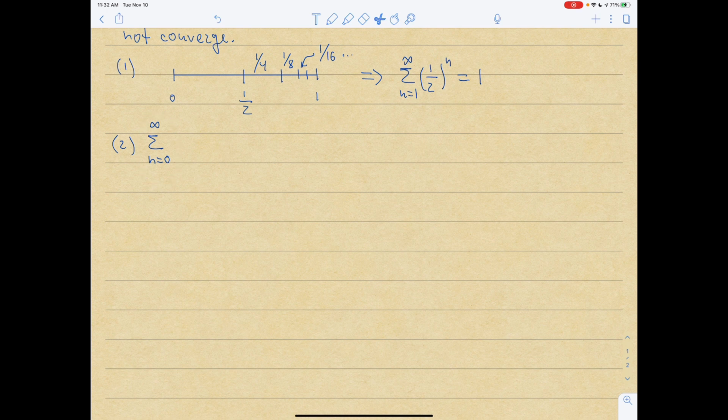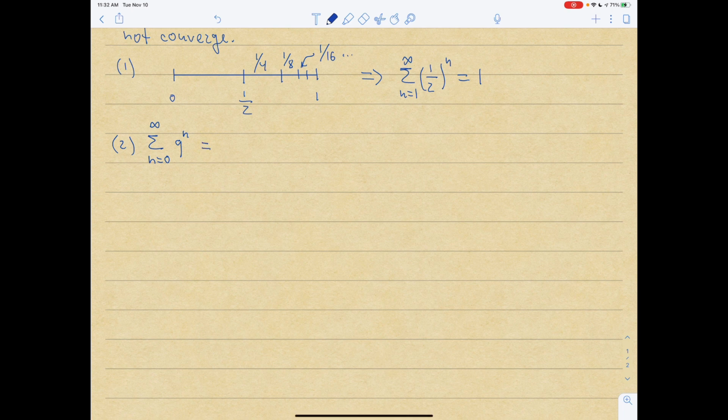Fine. So what about a series like this? Sum of q to the power n, where q is a number. And I want to find the sum of this series. So what is that?